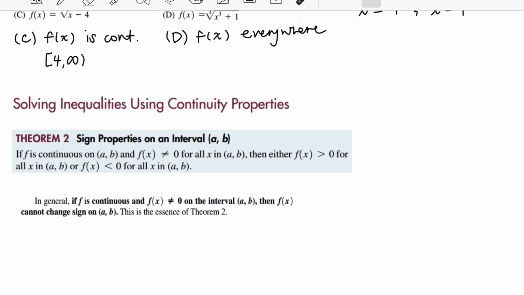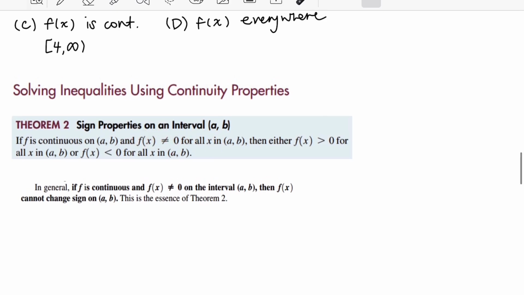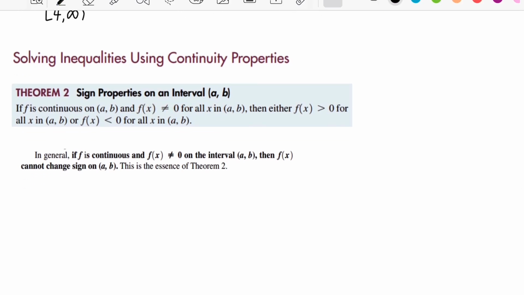So in general, if f is continuous and f is not equal to 0 on our interval, then f of x cannot change sign on that interval. So if f of x were to change sign, this would violate the fact that f of x cannot equal 0.